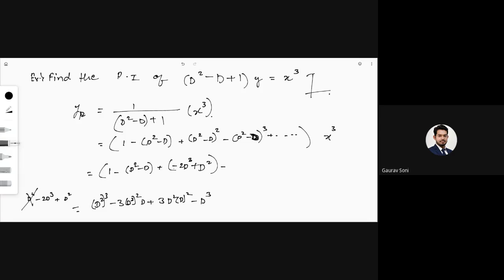This is 3 into 2, 6. This won't be there. Yet D raised to 5 is there. This also won't survive. Yet D raised to 4 is there. Fourth derivative of x cube is also 0. Just one term is there, that is minus D cube. Minus D cube. And further all powers are 4, so we will leave it. Everyone clear up to this?